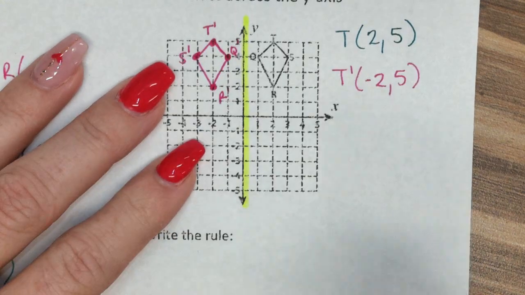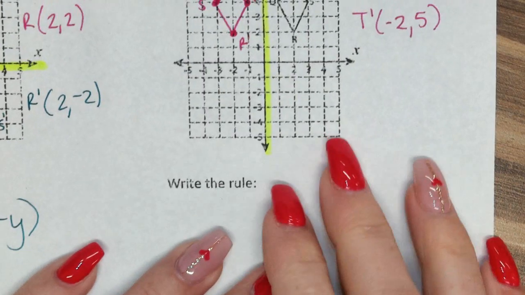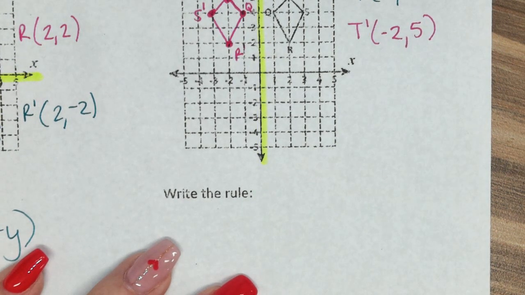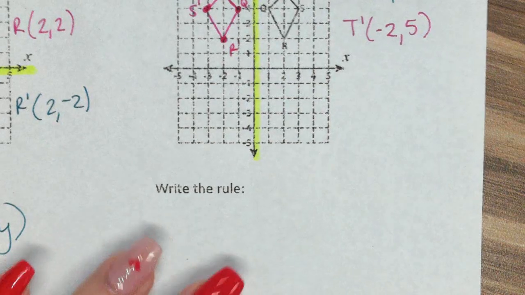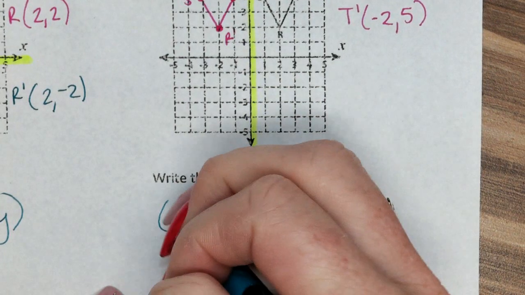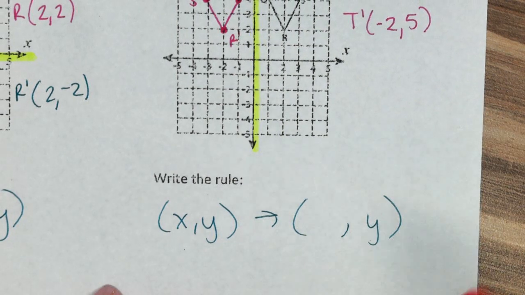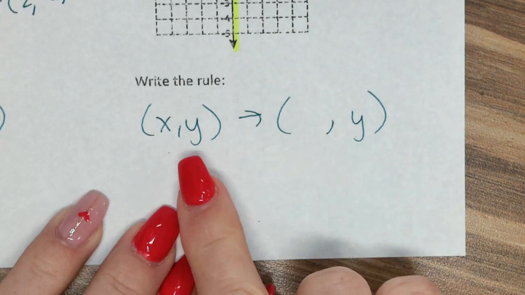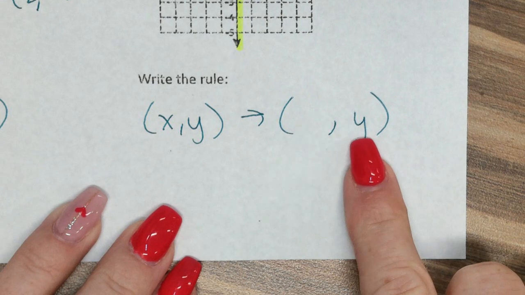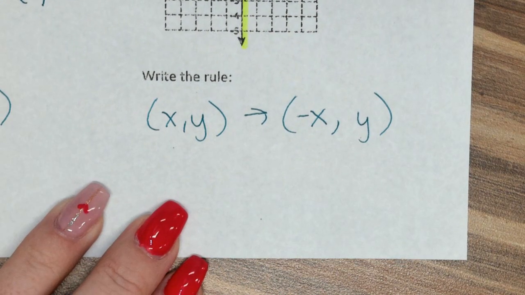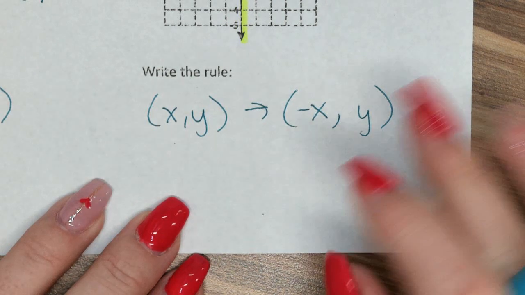So when we reflect across the y-axis, the y stays the same. Okay, so I'm going to write the rule. When I reflect across the y-axis, the y stays the same. So everybody look, y stays y. What happened to the x? It became negative, but we're going to say the word opposite.